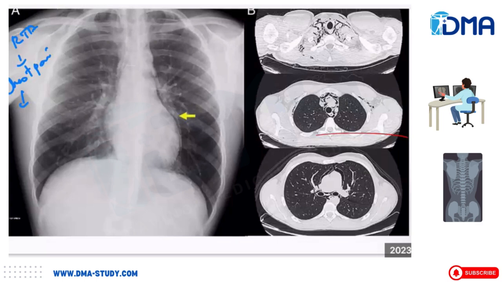Come on, there is an arrow also here. Can you see? There is air in that area, right? If you notice here, surrounding this area also there is air. What is that area? That is the pericardium. Air in the pericardium, what do you call it as?